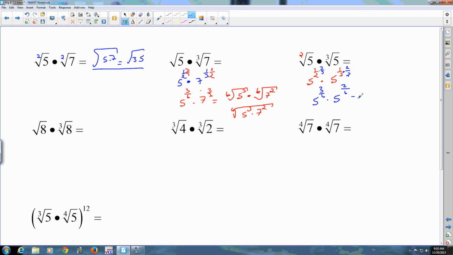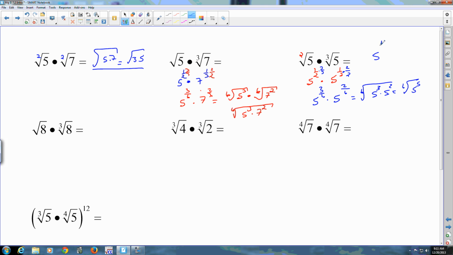So this would be the same thing as 5 cubed, 6th root, well, 5 cubed times 5 squared, which would be the 6th root of 5 to the 5th. Okay?